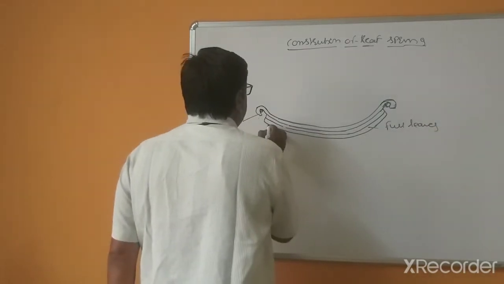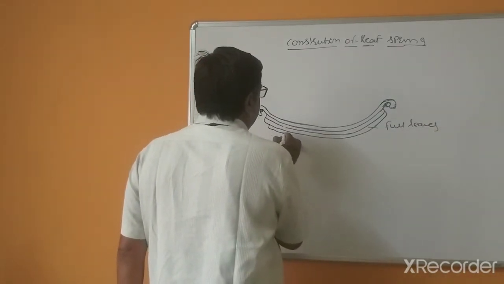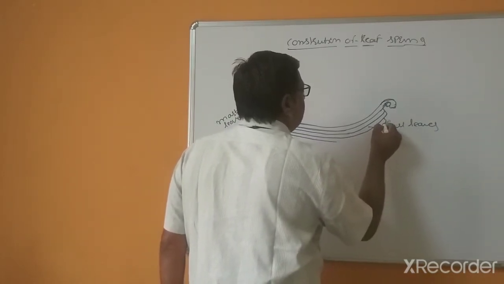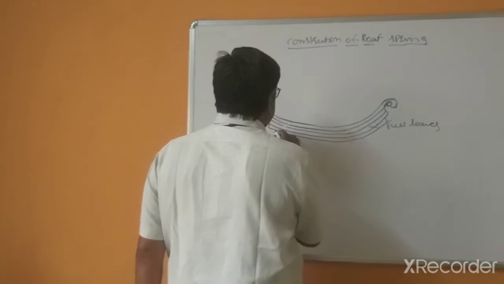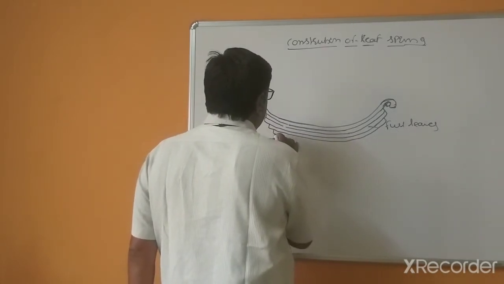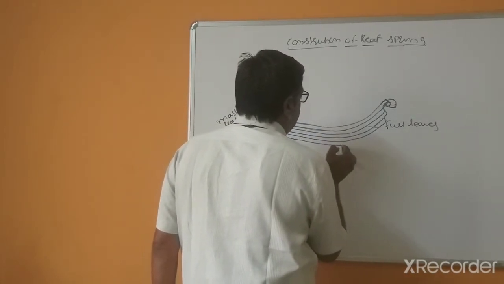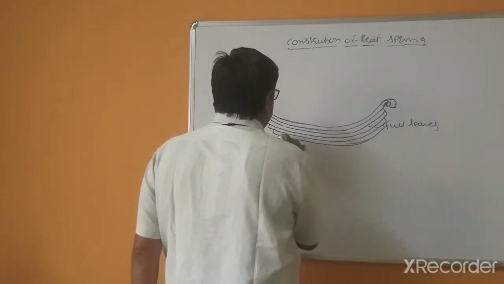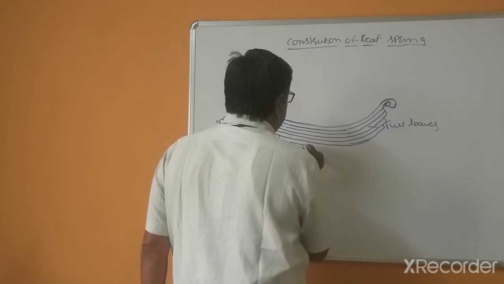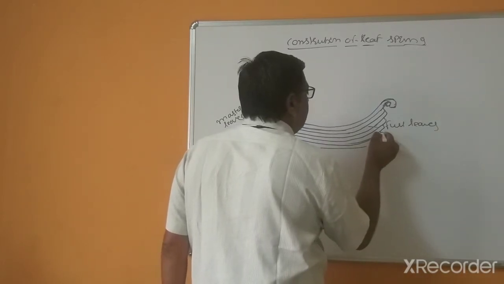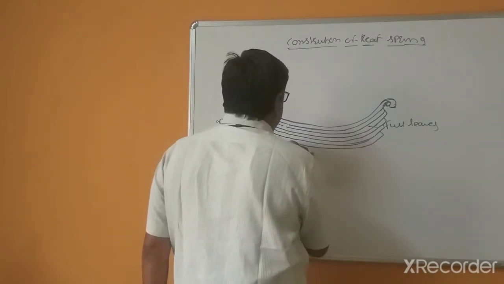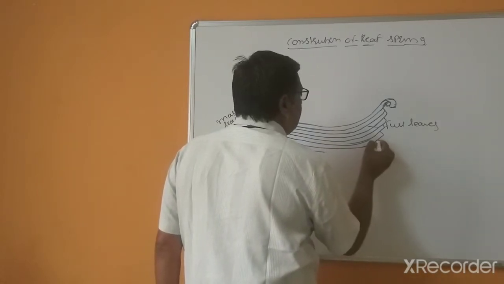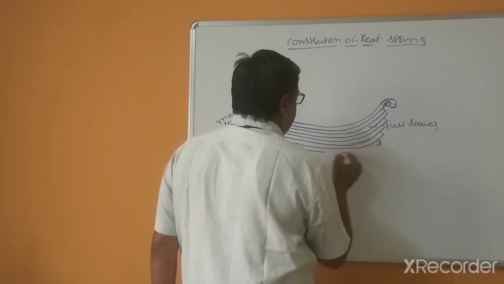After that, graduated leaves. The length of this leaf is small. Such type of graduated leaves is required for uniform distribution of the stress.